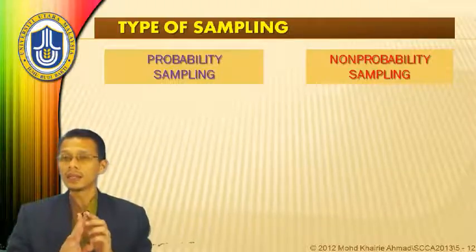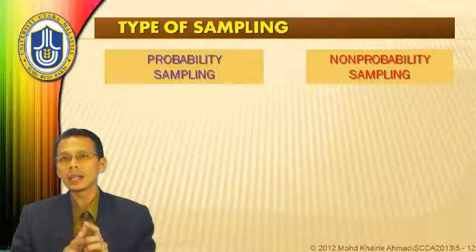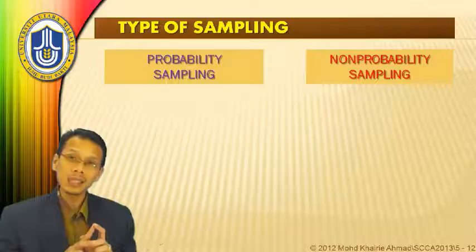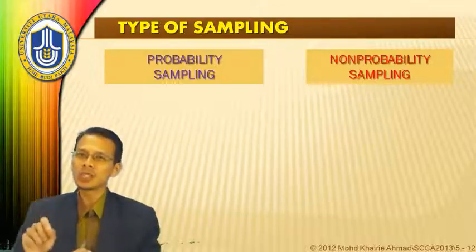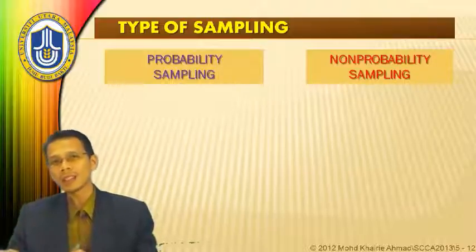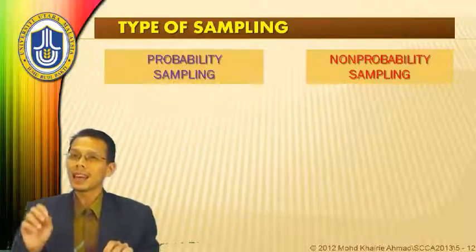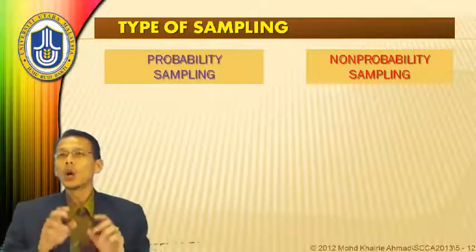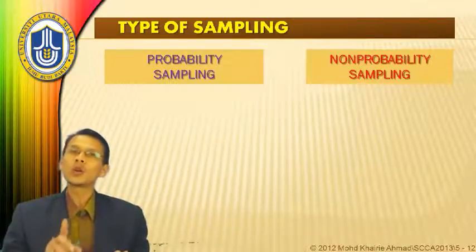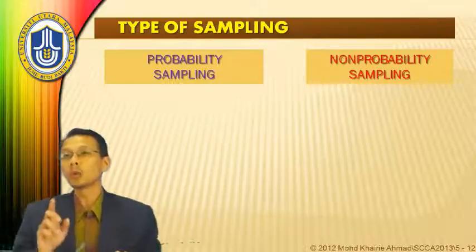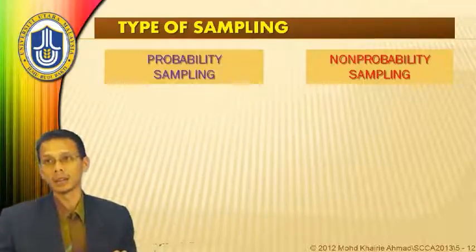Probability sampling refers to sampling where every single element in the population has an opportunity to be chosen as a sample. Whereas non-probability sampling is a process where every individual in the population may not have the same opportunity to be chosen as a sample.